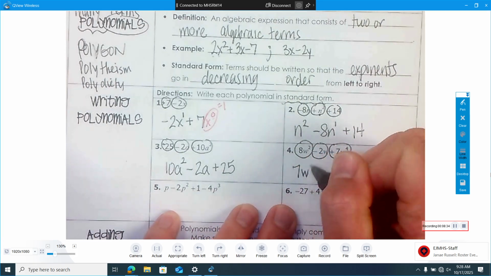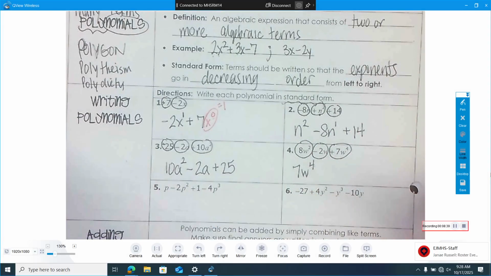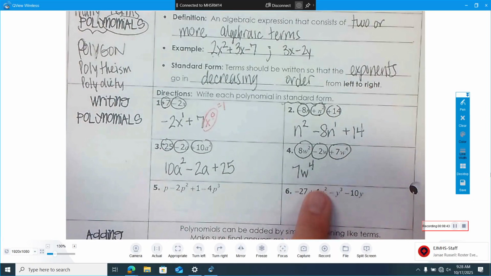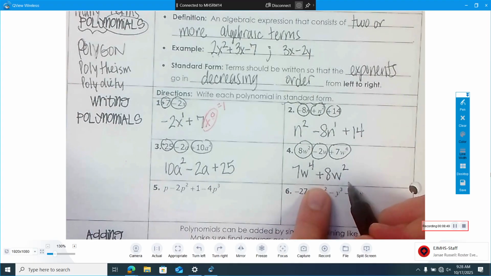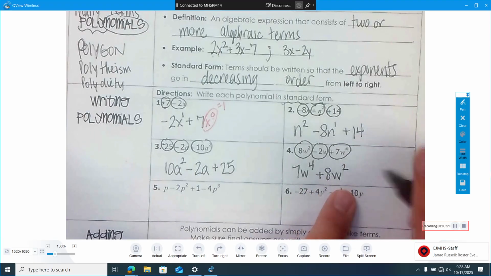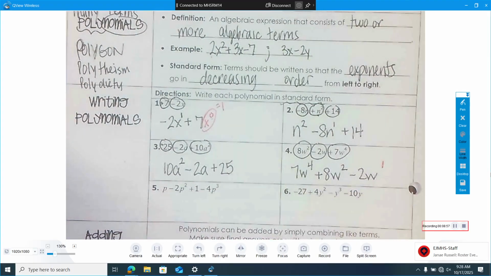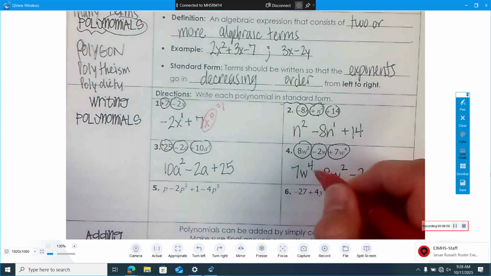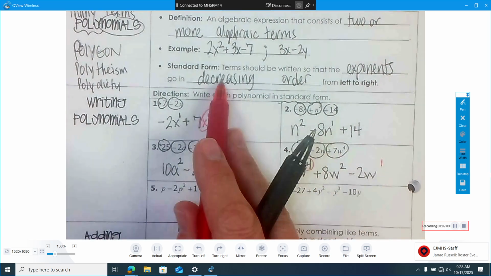Yeah, 7w to the 4th should come first. The highest exponent, the biggest exponent is 4. What should come next? 8w squared. That's the next highest exponent. What should come last? Negative 2w, the last thing. And you can see that's all we're doing here. We're just reorganizing. So we have the highest power first, and then they count down from there in decreasing order.